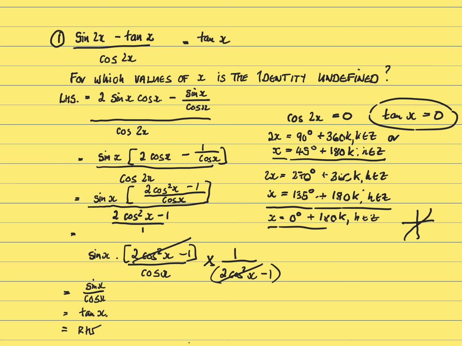So those would be your three general solutions for which values of x it is undefined. Obviously, if they now asked you between negative 360 and 360, you would have to go and give them all the answers.